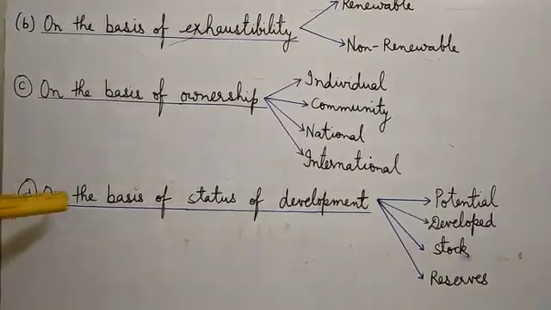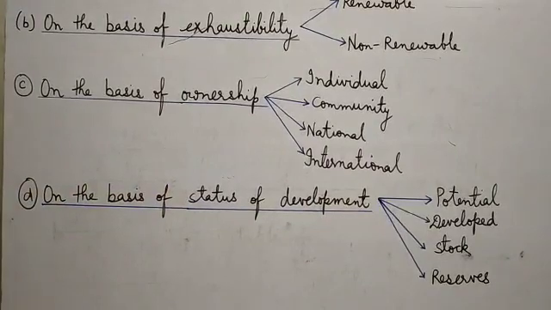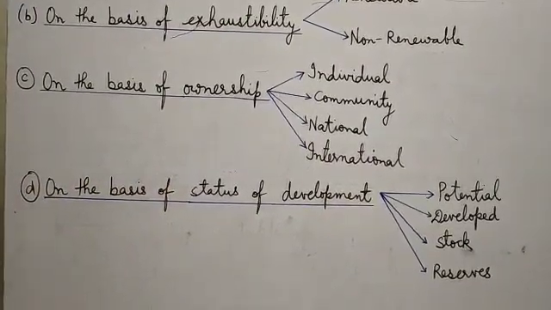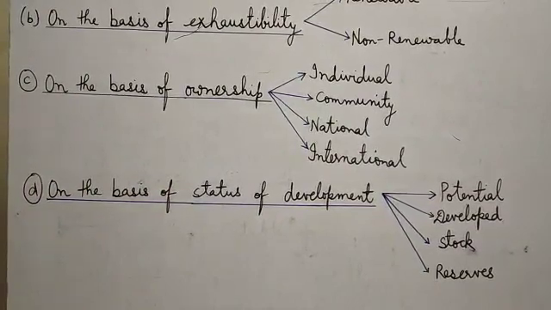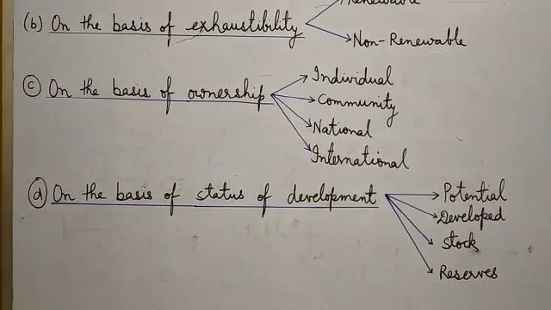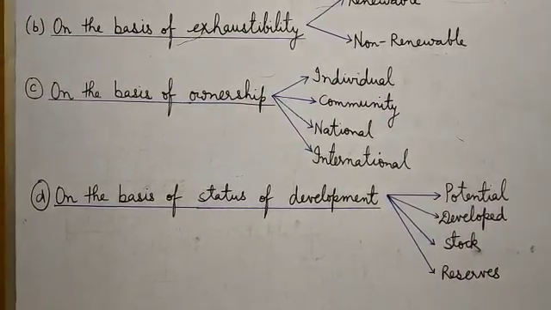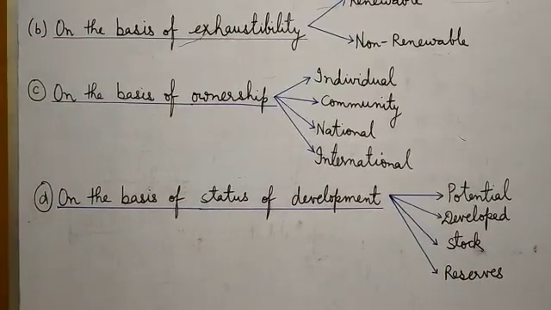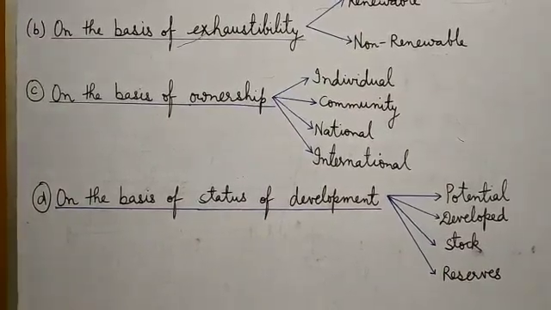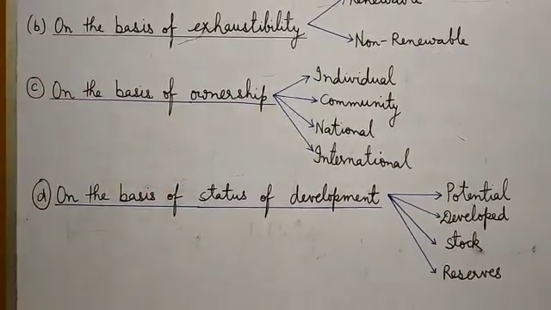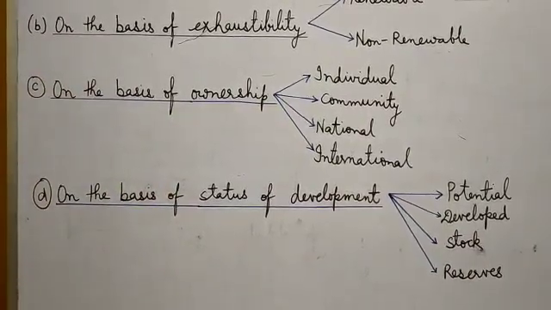Now last is on the basis of status of development. Potential resources are resources found in a region in abundance but not developed properly, like solar and wind energy in Gujarat and Rajasthan, and vast tidal waves on the coast of India. Next are developed or actual resources, which are surveyed and quantified for utilization through available technology.